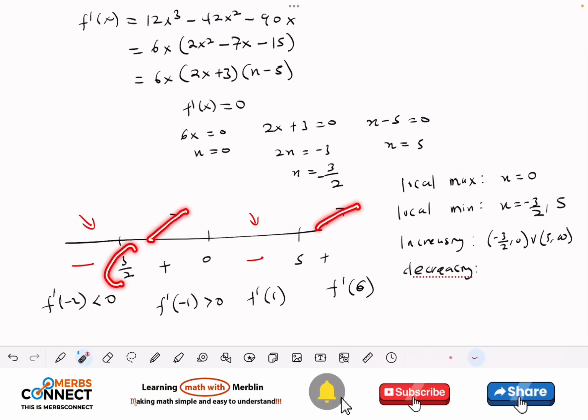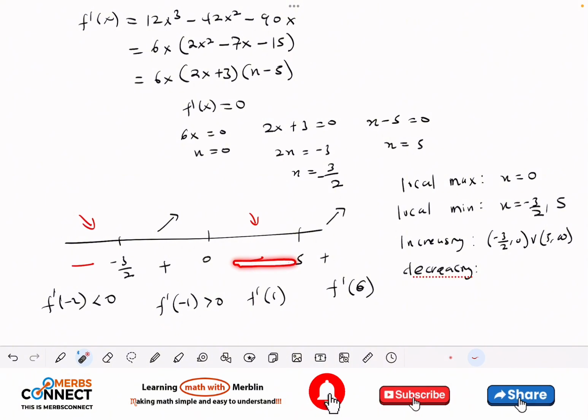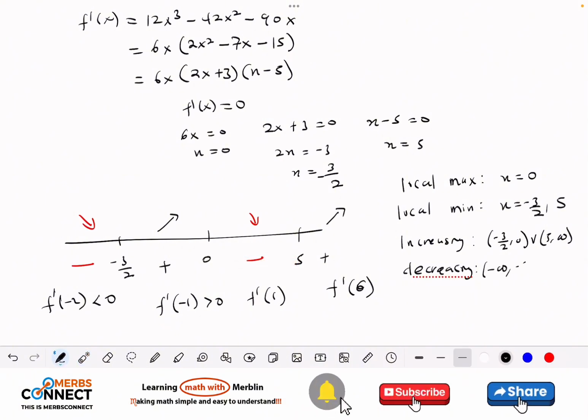Then when it's decreasing, we have from negative infinity up to here, and then between 0 and 5. So minus infinity up to negative 3 on 2, union 0 to 5. So that will be the decreasing interval.